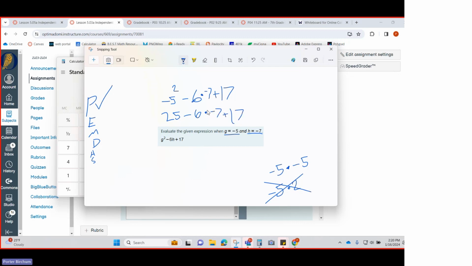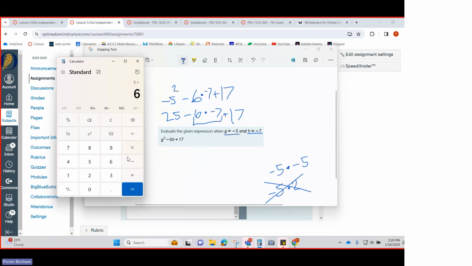So I have a minus sign, a times sign, a plus sign. Multiply comes before add, multiply comes before subtract. So we are going to multiply first, 6 times -7. That's our next step.